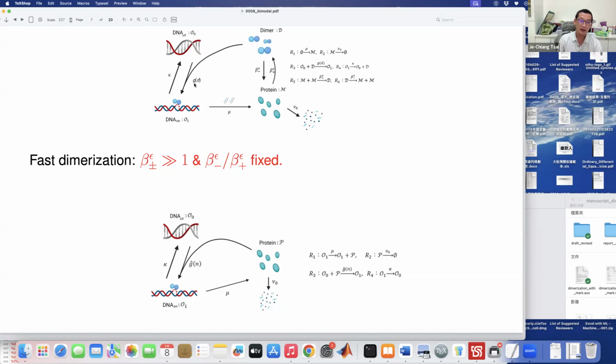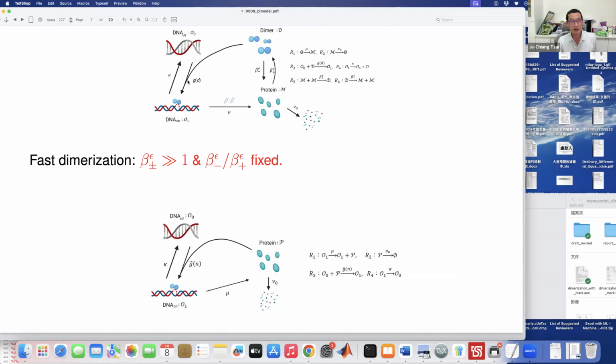But the interaction between the dimer and the DNA, this reaction, is reflected in this reaction rate. So the difference is that we can skip this one under the fast dimerization assumption.